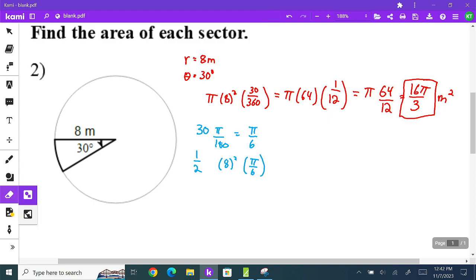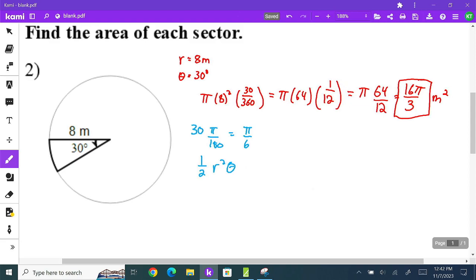Let me actually just rewrite this whole thing because I kind of messed up a little bit there. I will have 1/2 r squared theta.